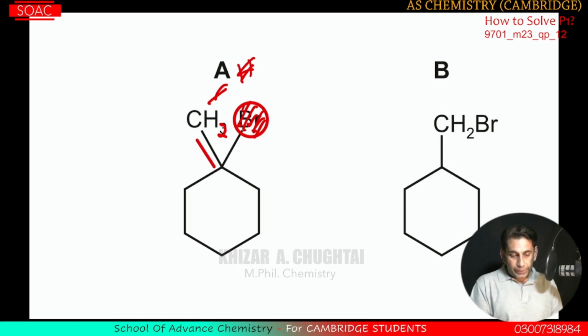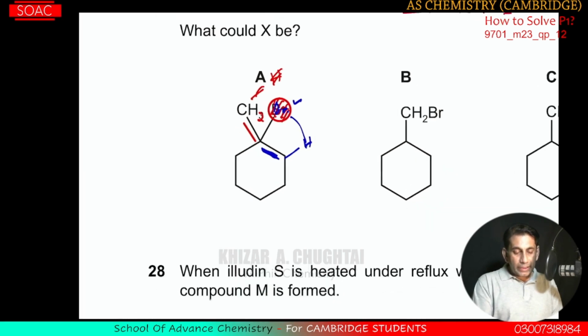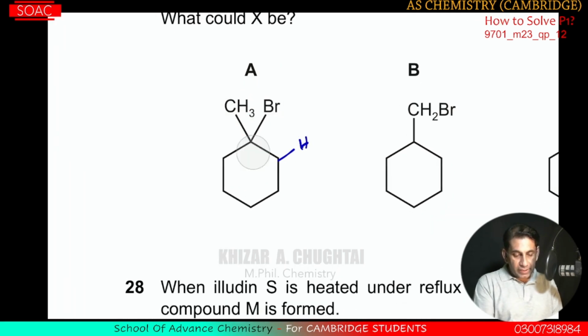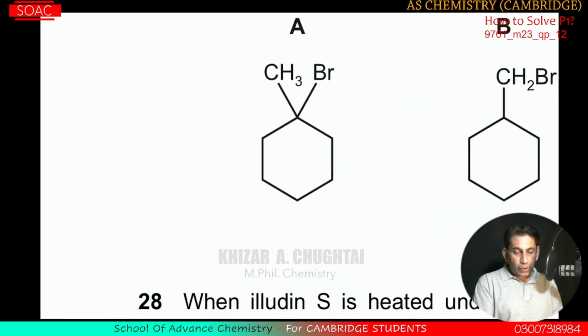And the second option is, if we are going to lose Br from here and H from here, the second loss of HBr is going to have the double bond over here. So there are two possibilities.